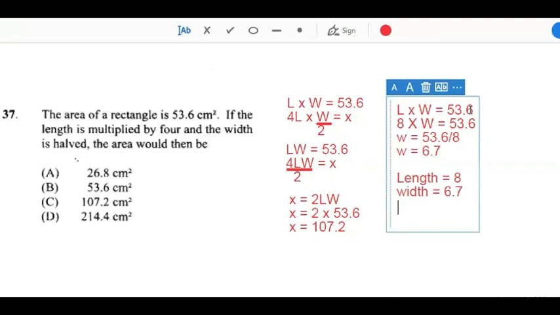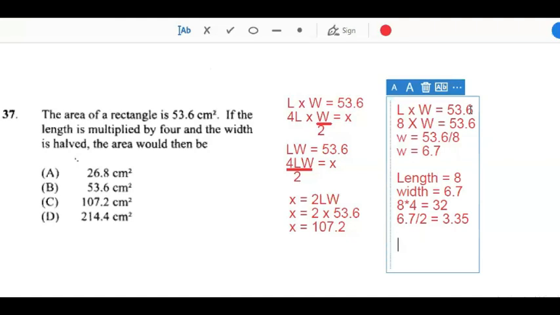The question states that the length is multiplied by 4, so 8 multiplied by 4 is equal to 32, and it states that the width is halved, so 6.7 divided by 2 is equal to 3.35.